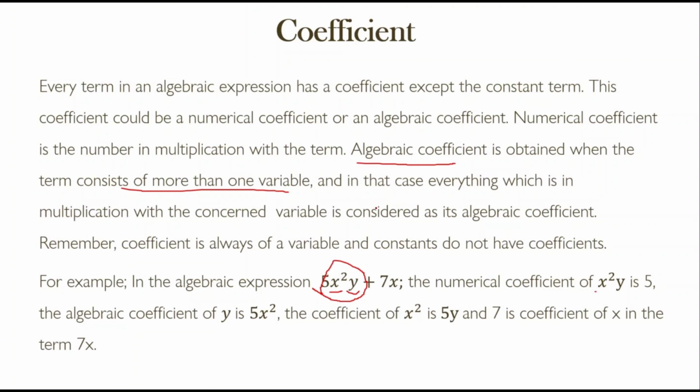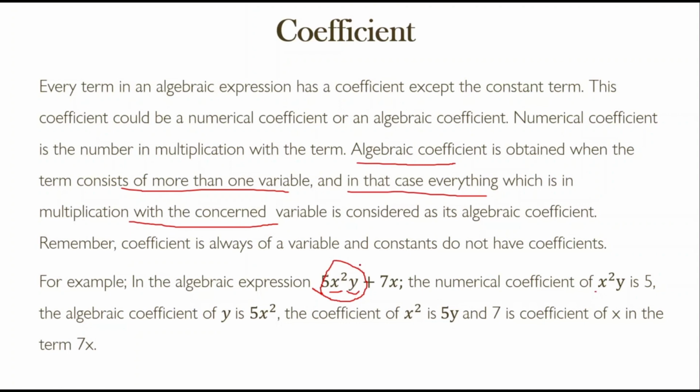How? Because if we have more than one variable in a term, it means each and every variable in that term would be having a coefficient. And how will we find that? In that case, everything which is in multiplication with the concerned variable is considered as its algebraic coefficient.